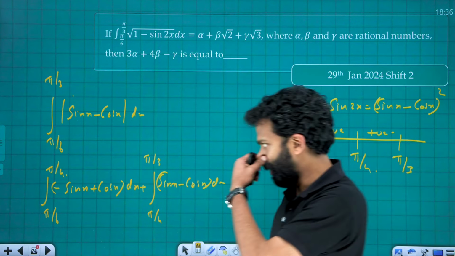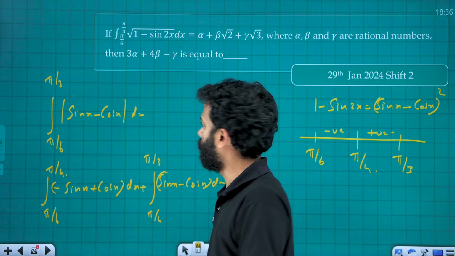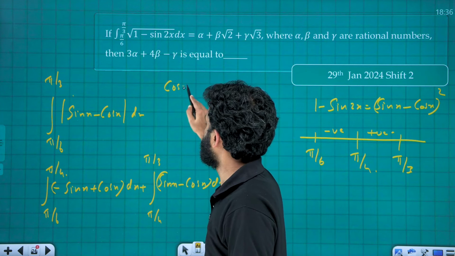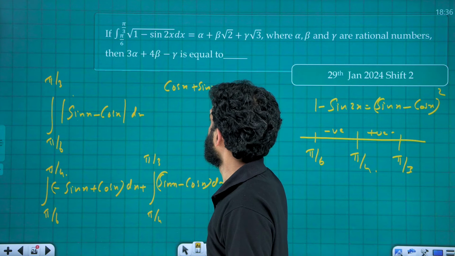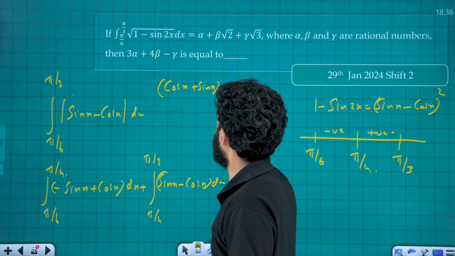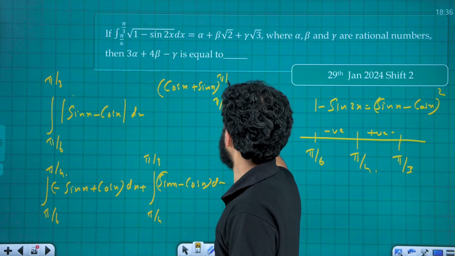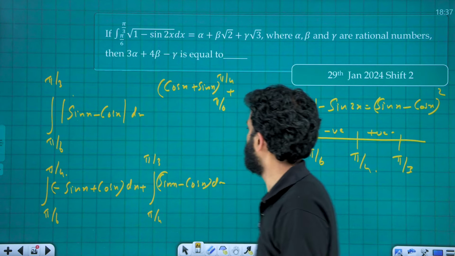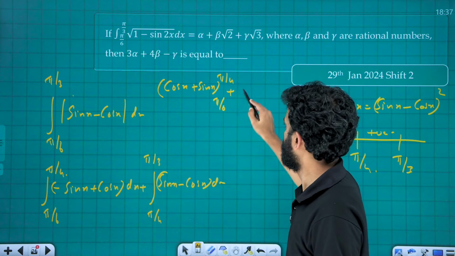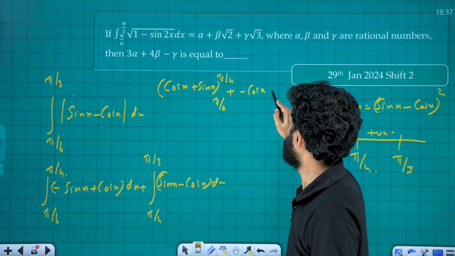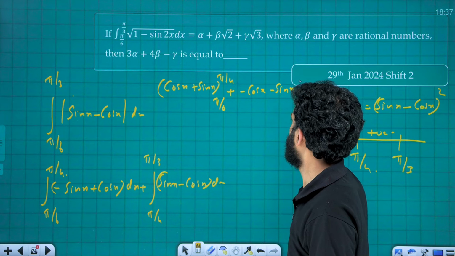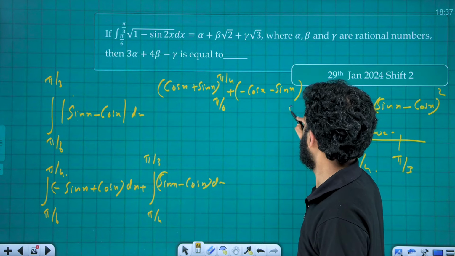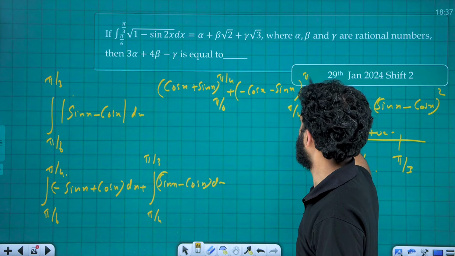What is integral of minus sin x? That is cos x plus sin x, from pi by 6 to pi by 4, plus minus cos x minus sin x, and the interval is pi by 4 to pi by 3.